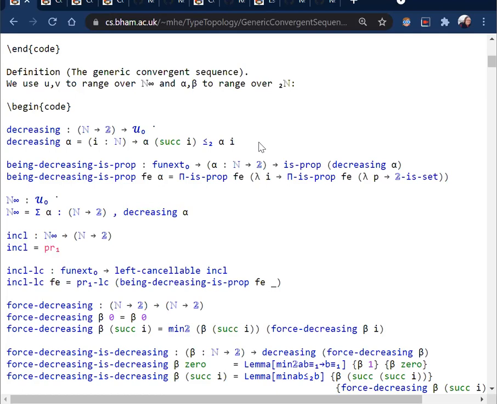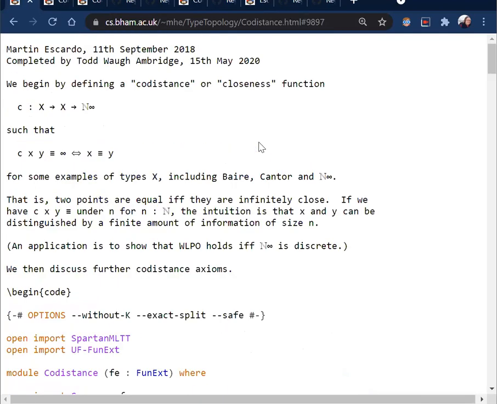So how do we define our cometrics? Well, we begin by defining what we call a codistance function. Rather than a distance function, it's like a closeness function. If we consider a type X, then the codistance function says that if c(x,y) is infinity, then x equals y. So rather than d(x,y) being 0 implying x equals y, we're saying how close things are: if they're infinitely close, then they're equal.